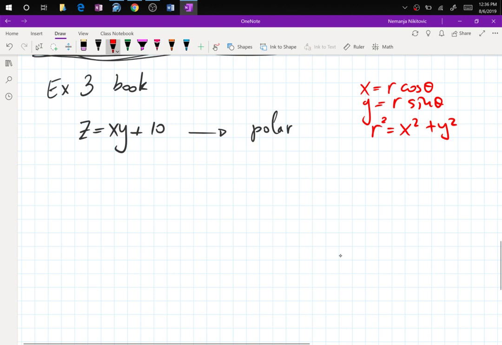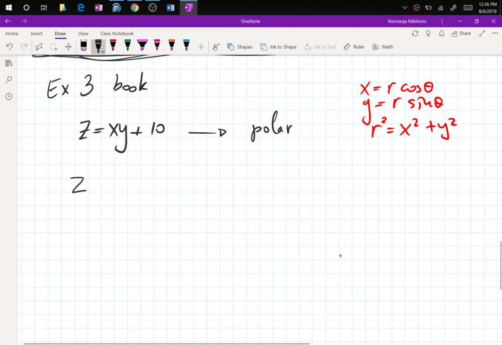So now, since your double integral is technically z r dr d theta, and this z needs to be in r's and thetas, we have to convert our problem into a problem in terms of r and theta.